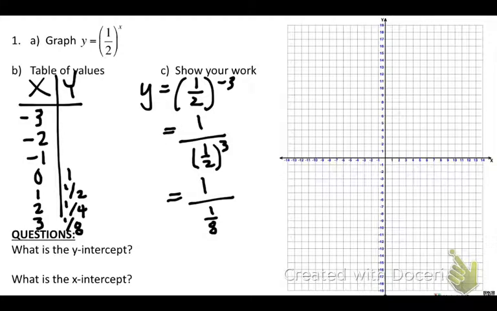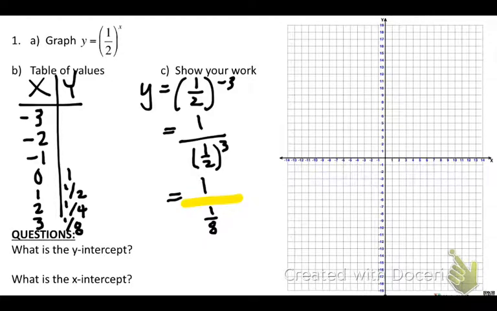1 over 1/8. Just to be clear, I already knew what 1/2 to the third power was. It's 1/8. I already knew that because I have it over here. So I just want to make sure you know why I kind of skipped over doing it on the screen. Okay, so 1 over 1/8. This is where you might get a little bit confused, or you may have forgotten.